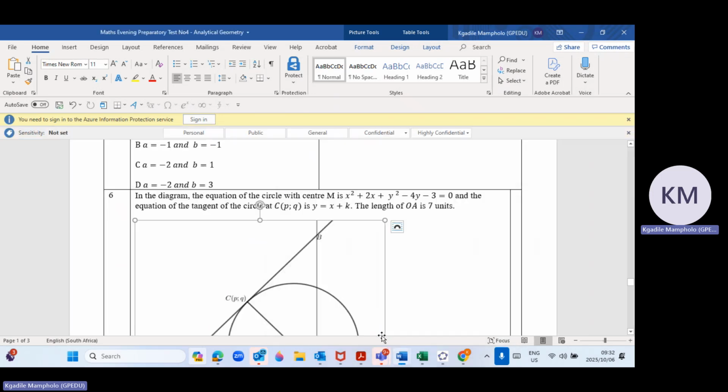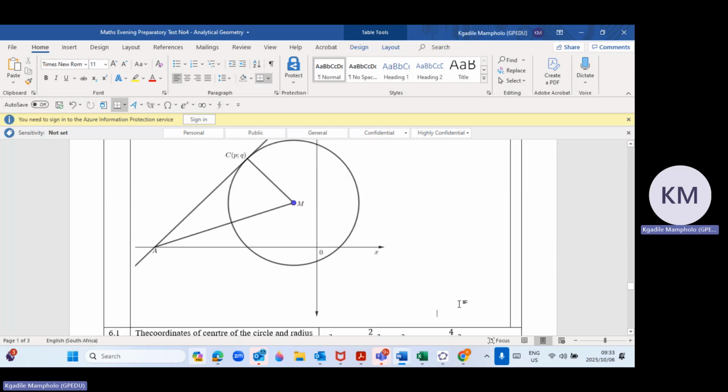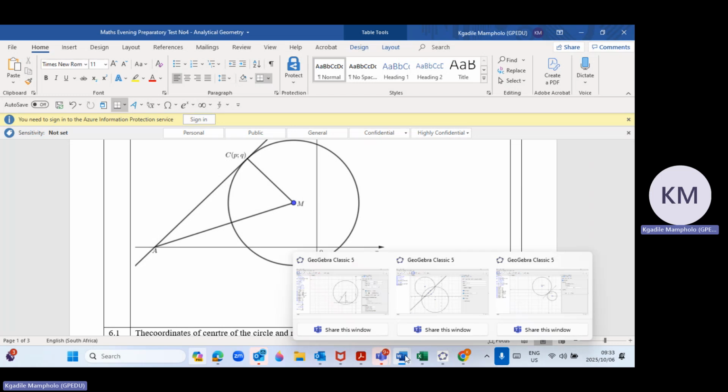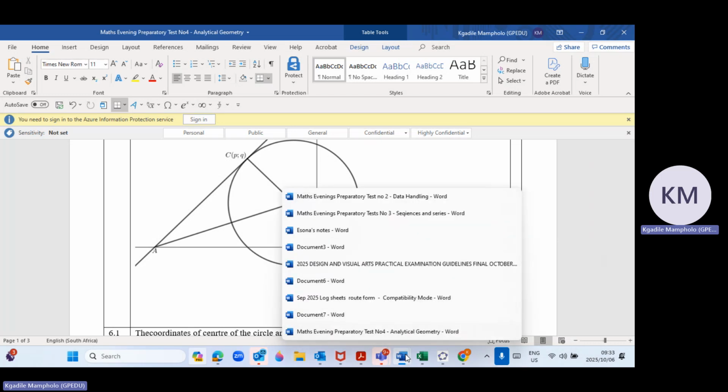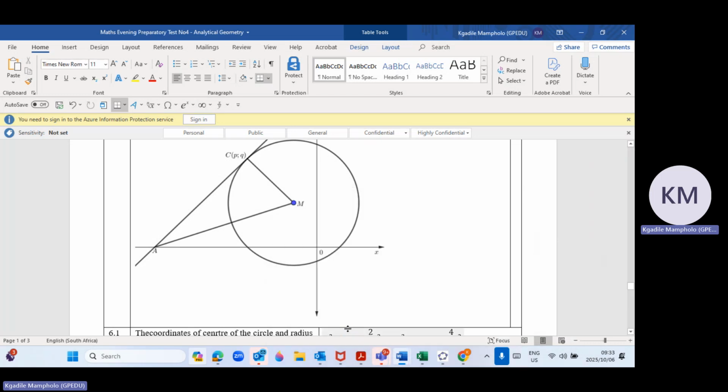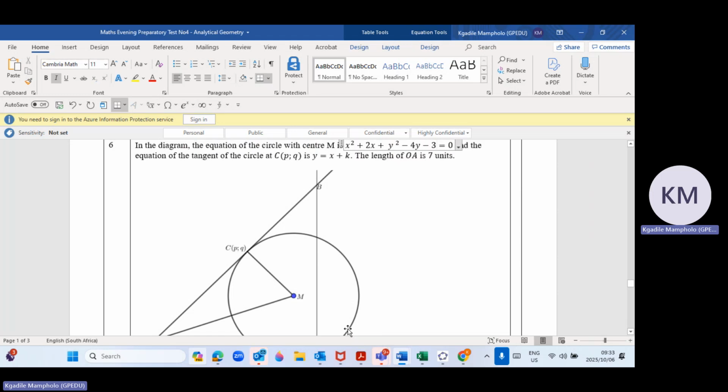The statement says, in the diagram, the equation of the circle M is the circle with center M. You see that the center there is M. We are given the equation, and the equation of the tangent of the circle at C, which is PQ, is y equals x plus k.